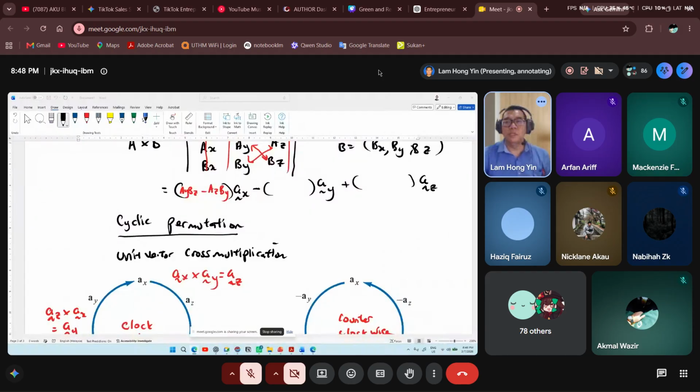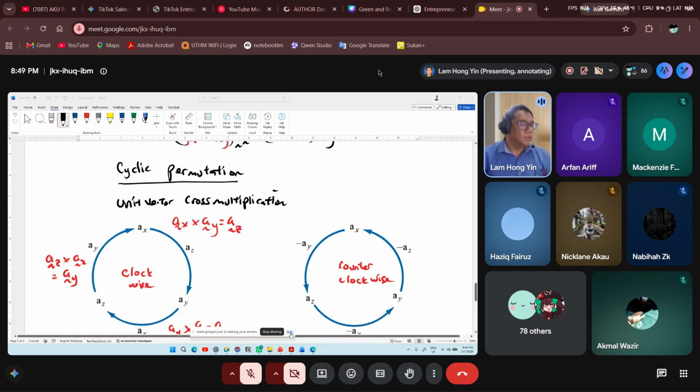So this is the part of the vector that I want to show, as the revision.